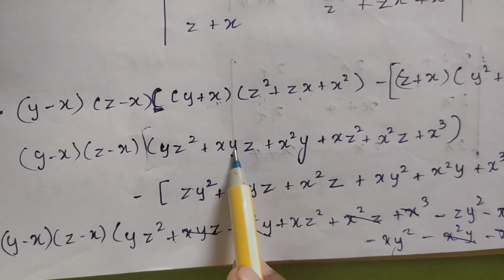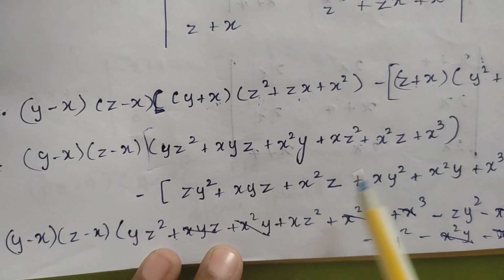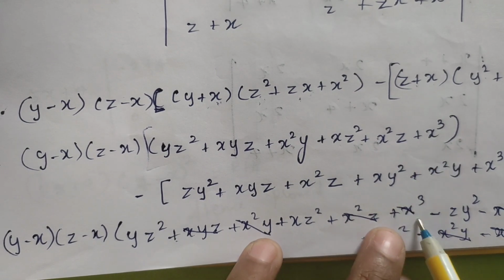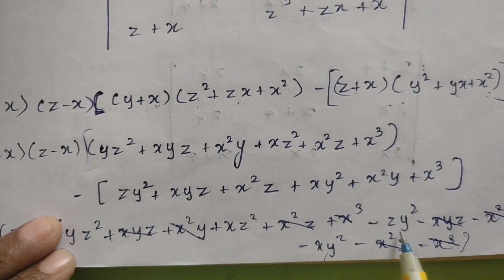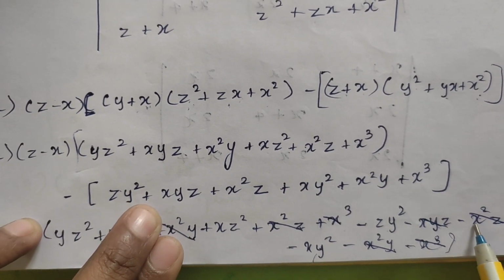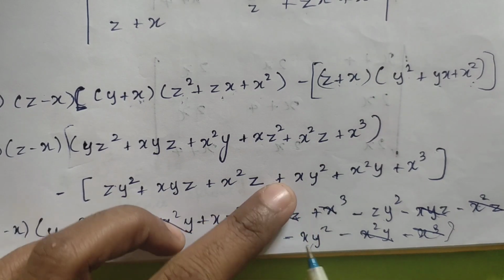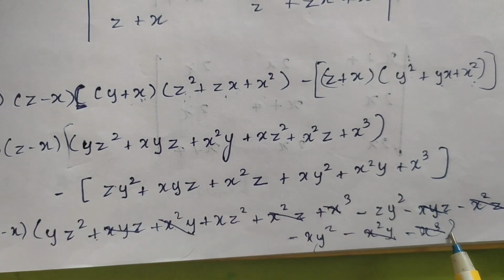Now simplify this term. Yz square plus xyz plus x square y plus xz square plus x square z plus x cube. Send this minus inside: minus zy square minus xyz minus x square z minus xy square minus x square y minus x cube.